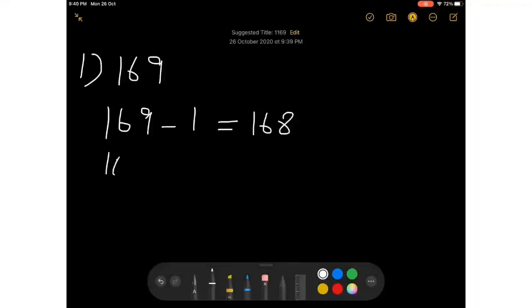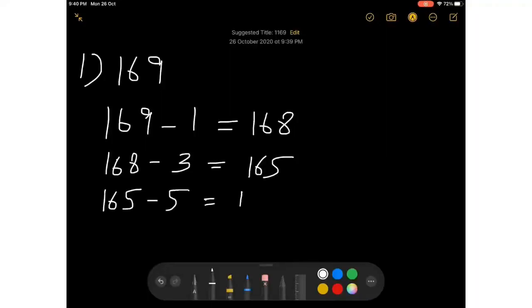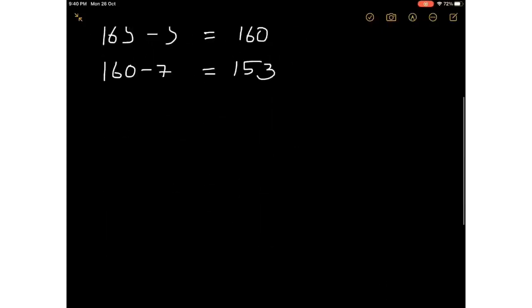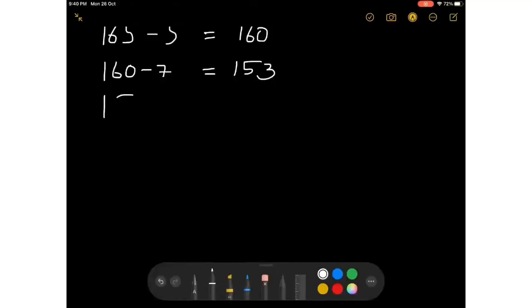And 168 minus the second odd number, 3, is equal to 165. 165 minus the third odd number, 5, is equal to 160. And 160 minus the fourth odd number, which is 7, is equal to 153. 153 minus the fifth odd number, which is 9, gives you 144.